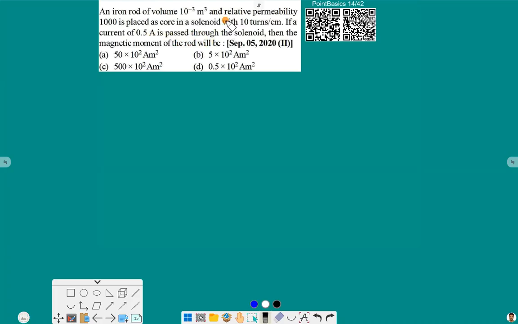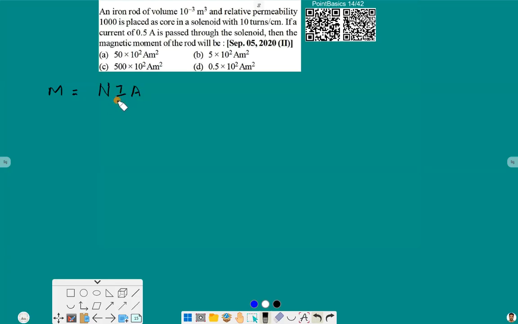So we have to find out the magnetic moment, and we know that the formula for magnetic moment, represented by M, is NIA.